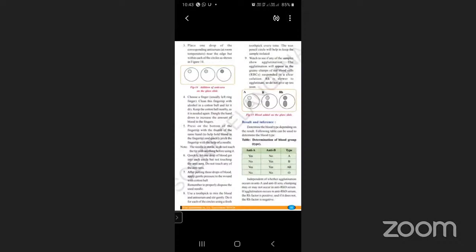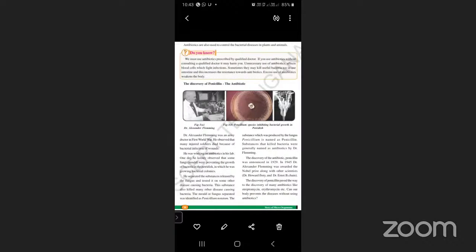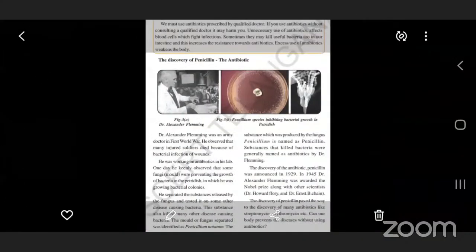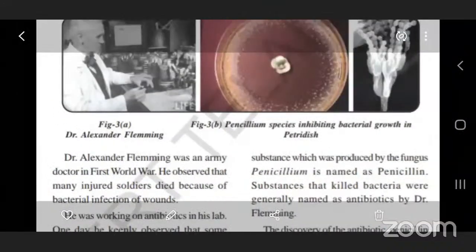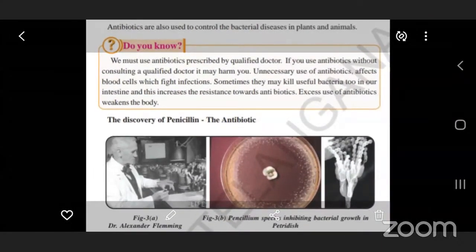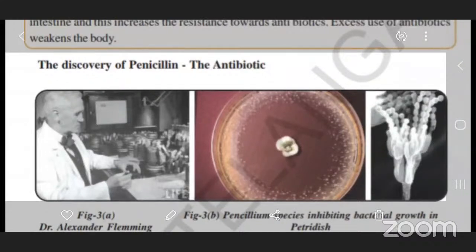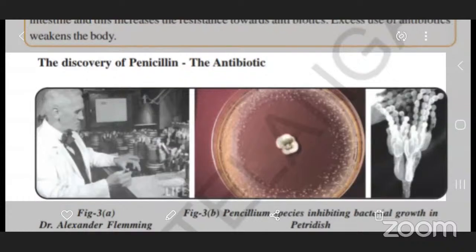Please stay online, all of you. Next, let us discuss the penicillin antibiotic. Antibiotics are also used to control bacterial diseases in plants and animals. Here we have to know one thing.